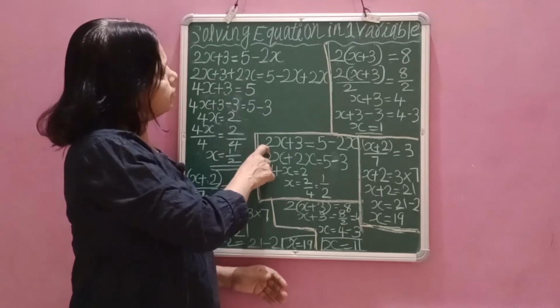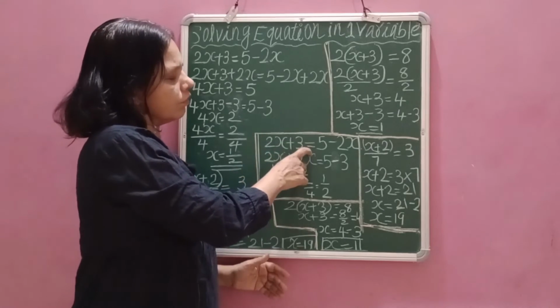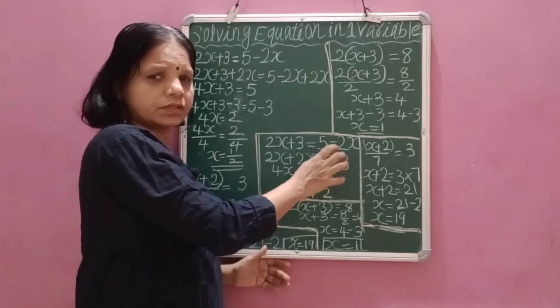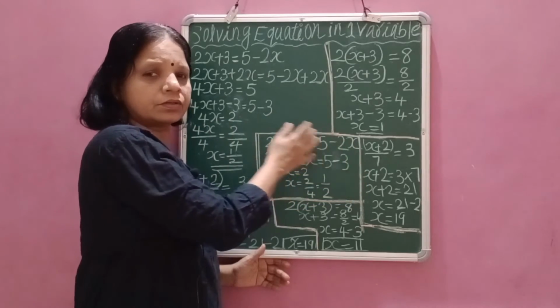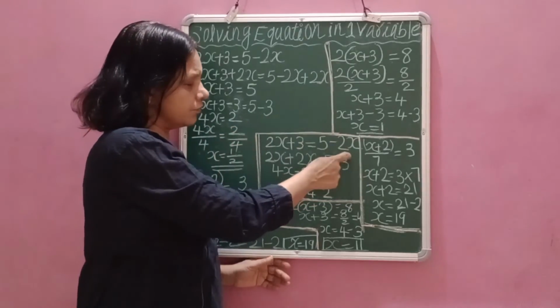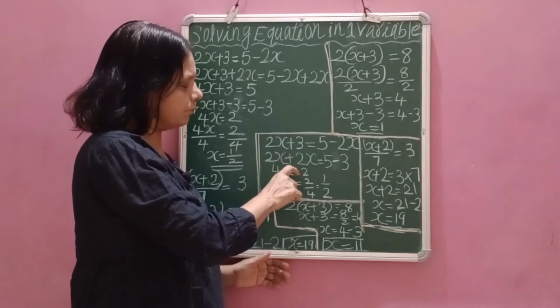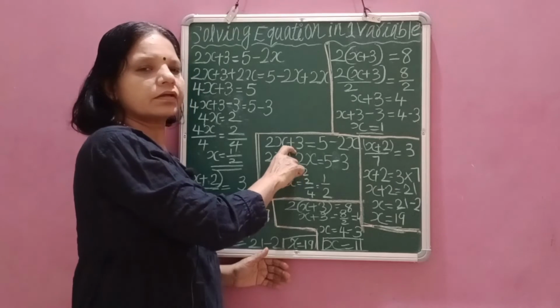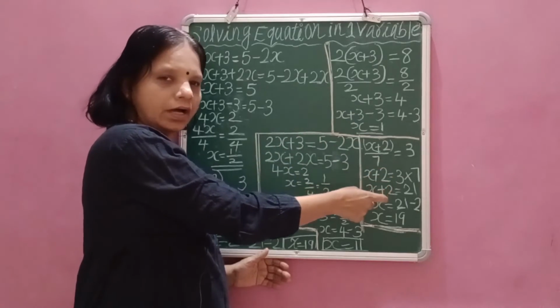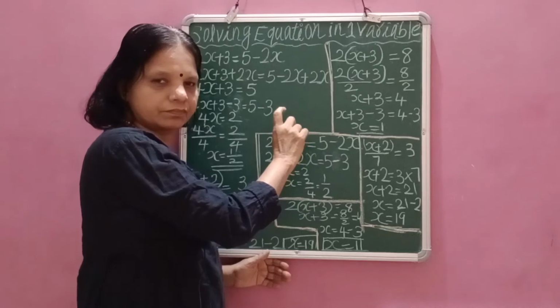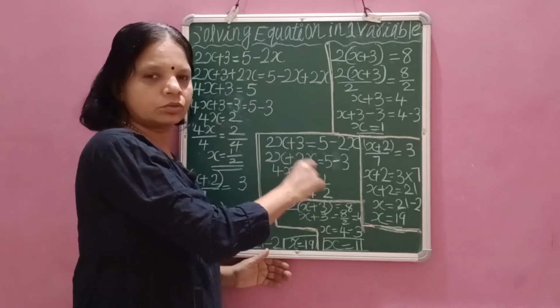See here, 2x plus 3 equal to 5 minus 2x. We have to take the variable to LHS. So minus 2x becomes plus 2x. So how you can get the next step? And plus 3 to RHS, so plus 3 becomes minus 3. So remember this shortcut rule.